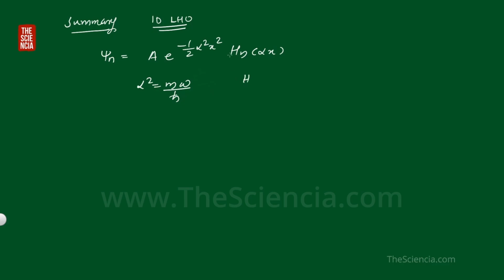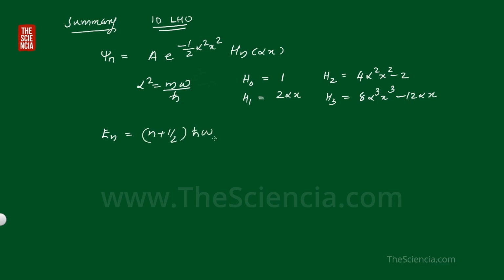The various values of Hn of αx are: H0 is equal to 1, H1 is equal to 2αx, H2 is equal to 4α²x² minus 2, and H3 of αx is equal to 8α³x³ minus 12αx. And the energy expression En is equal to (n plus half) h cross omega. So please remember these values.